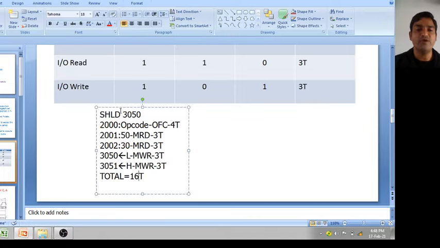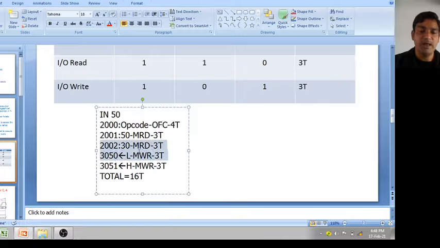One more example. Suppose I am taking IN 50, and suppose this is available in 2000. First will be opcode fetching. In 2001 there will be 50, memory read.